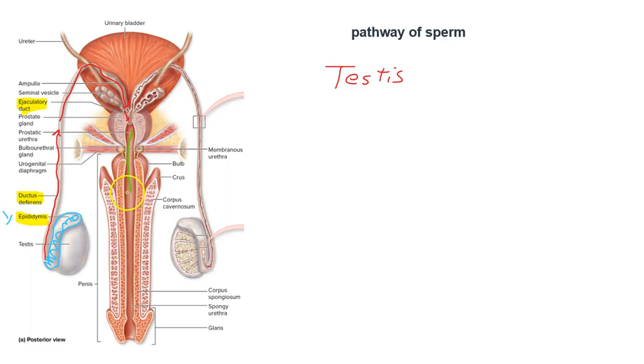So the urethra in the male reproductive system is the duct which carries the sperm, and as an organ of the urinary system it also carries the urine. So the pathway of sperm after the testis is number 1, epididymis.